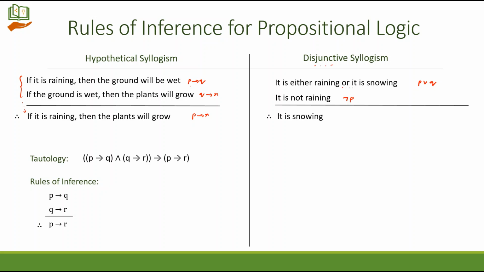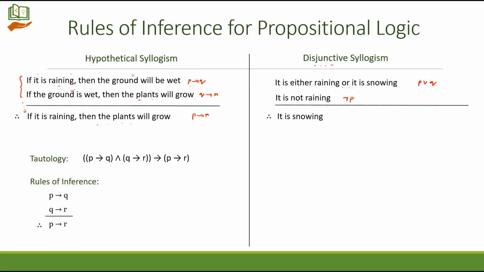And regarding hypothetical syllogism, both the premises are in the form of hypothesis and conclusion. So one hypothesis, one conclusion. The conclusion becomes a hypothesis and we have another conclusion. So this middle conclusion and hypothesis are getting erased, and we are bringing the main hypothesis and the final conclusion together as one particular statement. So this is hypothetical syllogism.